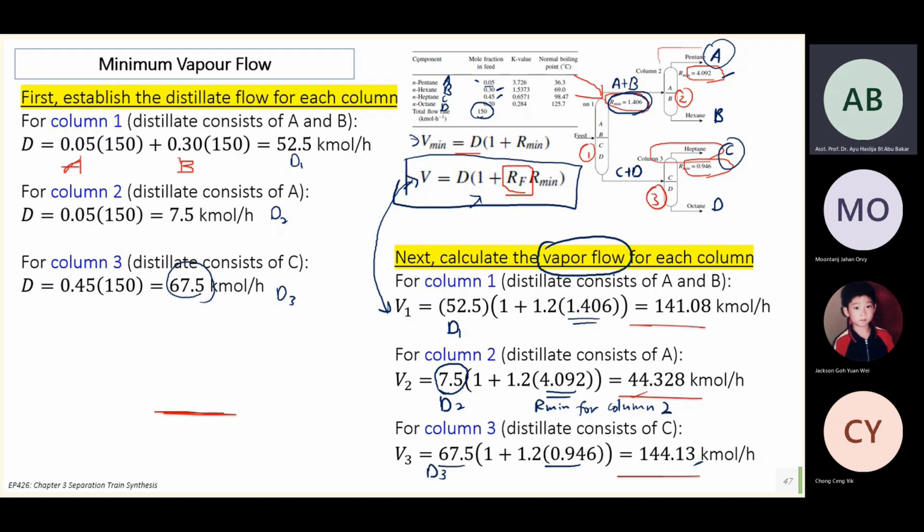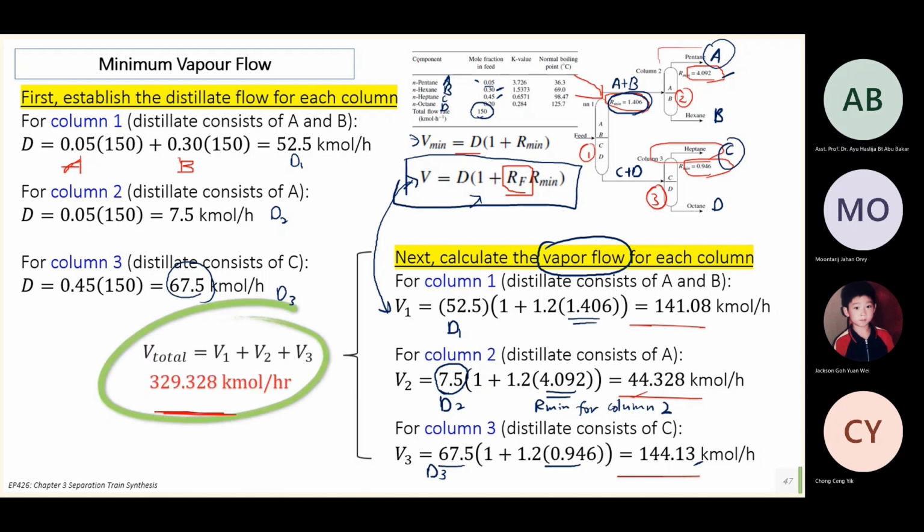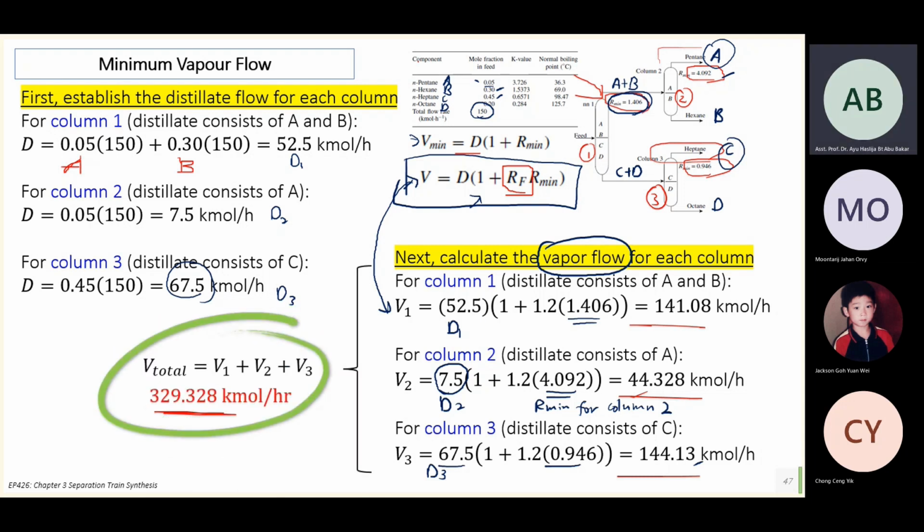So you will get this. Okay, so this is not your final answer yet. Once you get vapor flow for each column, sum them all to find the V total. Okay, so the V total is V1 plus V2 plus V3.